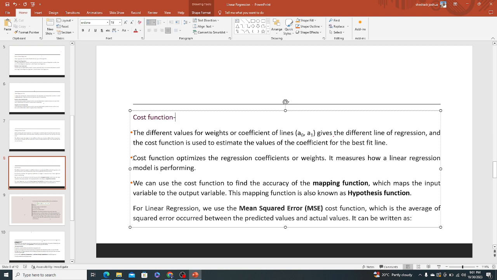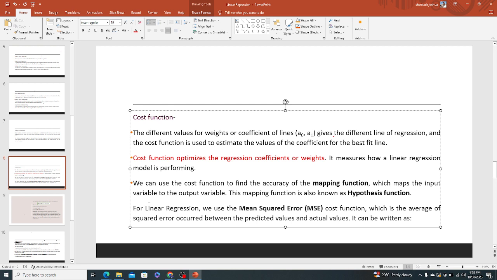It optimizes the regression coefficients, and it measures how a linear regression model is performing. We can use the cost function to find the accuracy of the mapping function, which maps the input variable to the output variable.